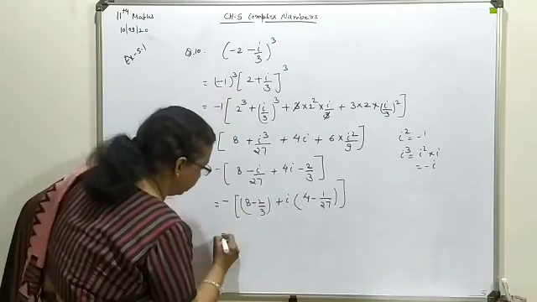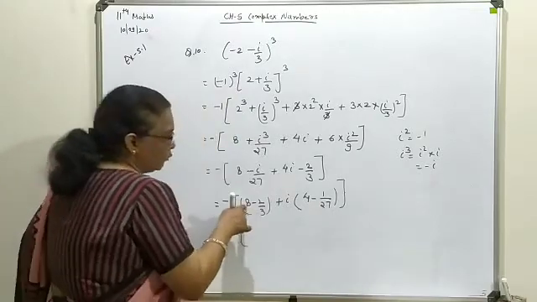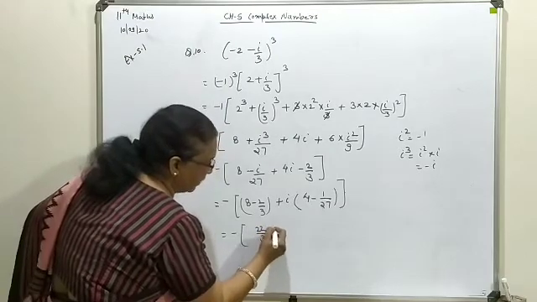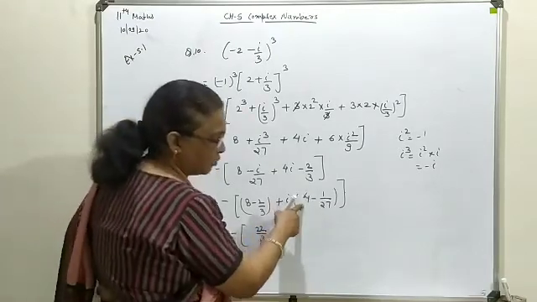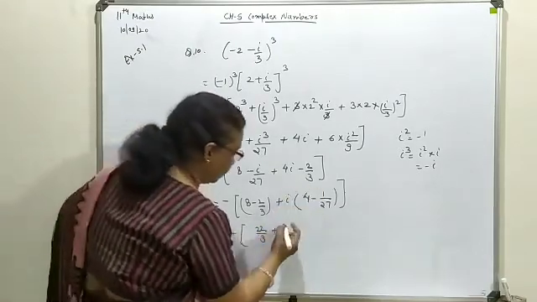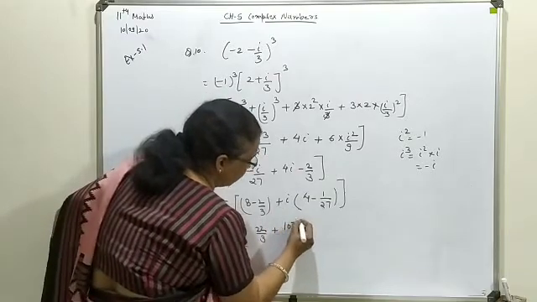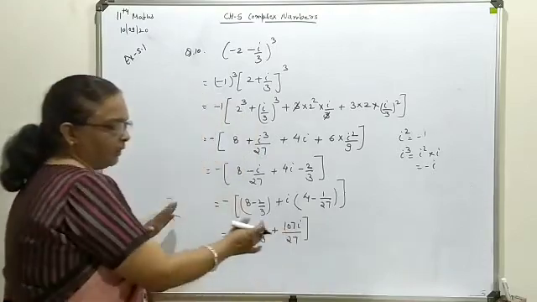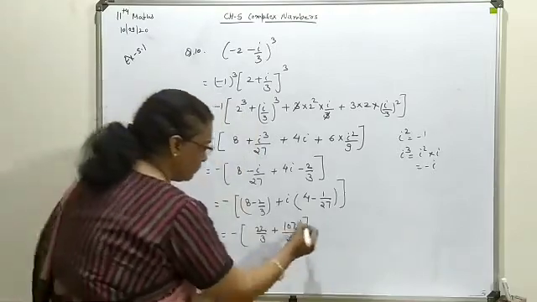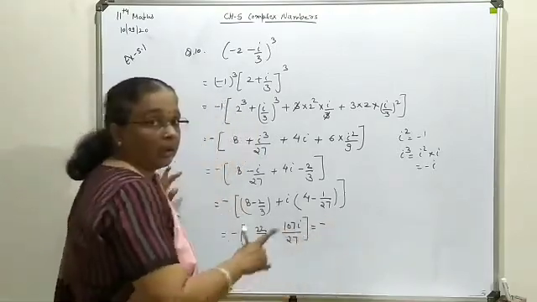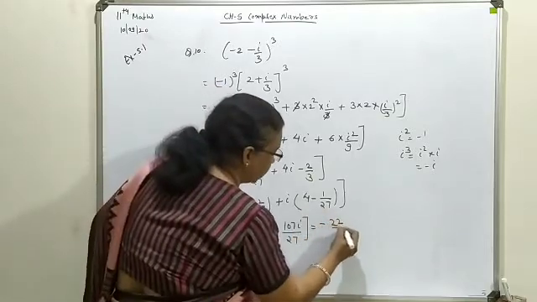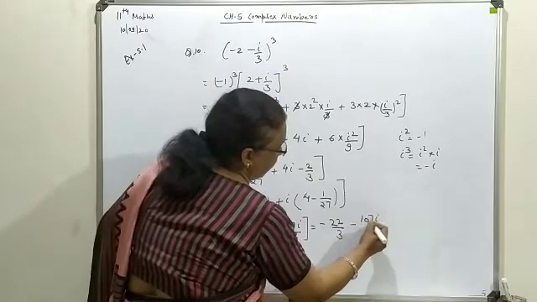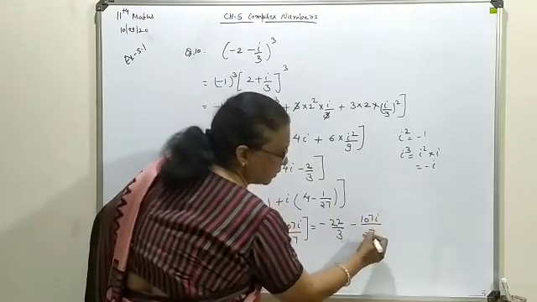So make it sort out. 24 minus 2, 22 by 3, plus 27 into 4, 108 minus 1 you will have as 107 iota upon 27. Now make them separate out. This is minus 22 upon 3 minus 107 i by 27.